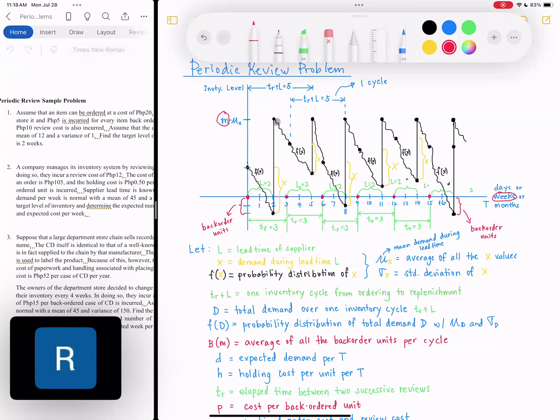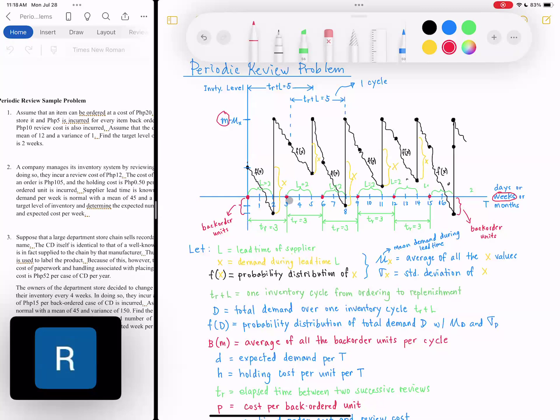Now you have to pay attention to the lead time, L equal to 2, and the review period, TR equal to 3. This means that every 3 weeks, you have to perform a review. So on the 3rd week, review again what the inventory level will be.